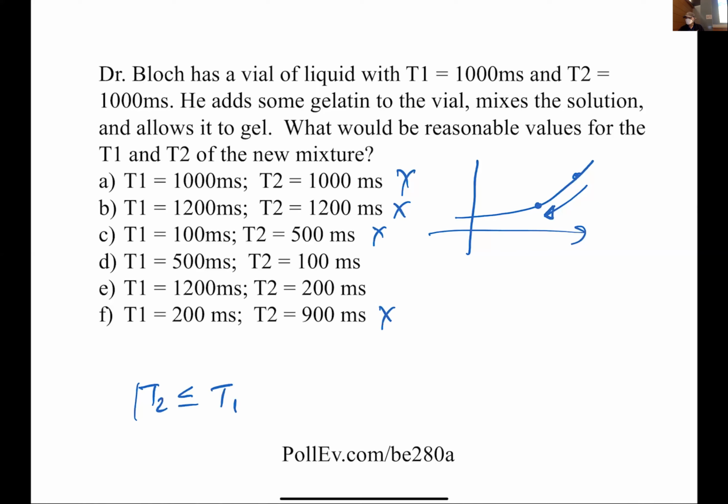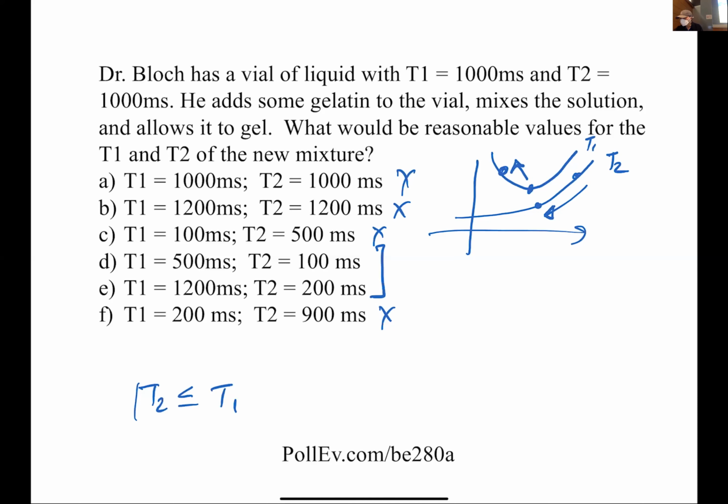Okay. So we're just left with D and E, which turned out to be the most popular choices. And the question is, is there actually a way we can differentiate these two? So this is the T2 curve, right? And we know the T1 curve goes like that, right? So now it really depends on where we are. For example, if we were here, then we would move this direction, and the T1 would get longer.